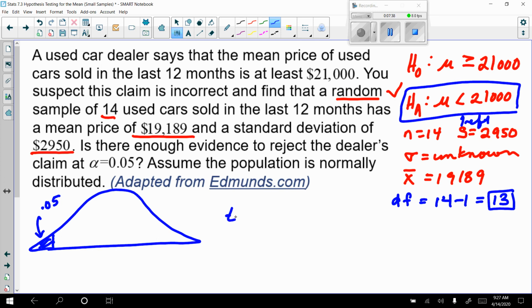So we need to find our t naught using an alpha level of 0.05 and a degrees of freedom of 13. Our t naught from the tables is 1.771.